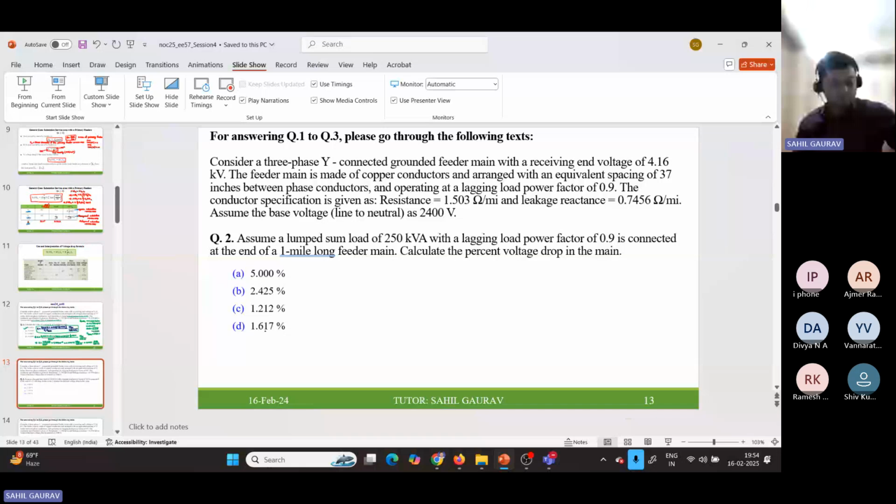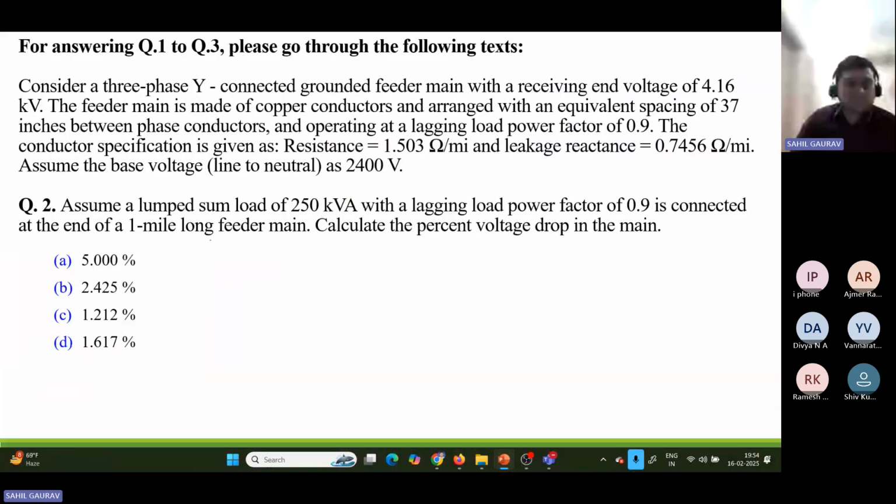So this one is very simple. As we have seen, how can we write percentage voltage drop? K, the percentage voltage drop per kVA mile, should be multiplied by L, so that the length will cancel out.